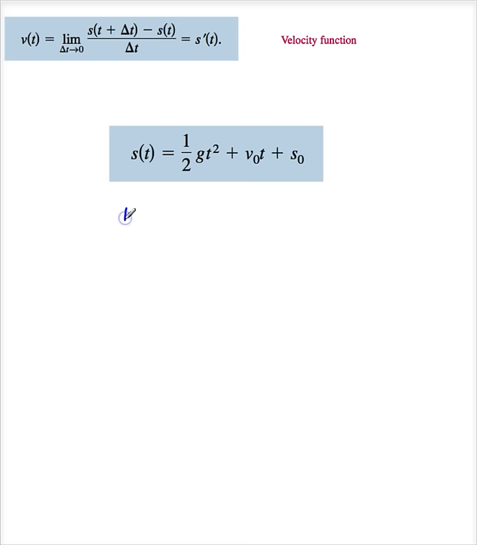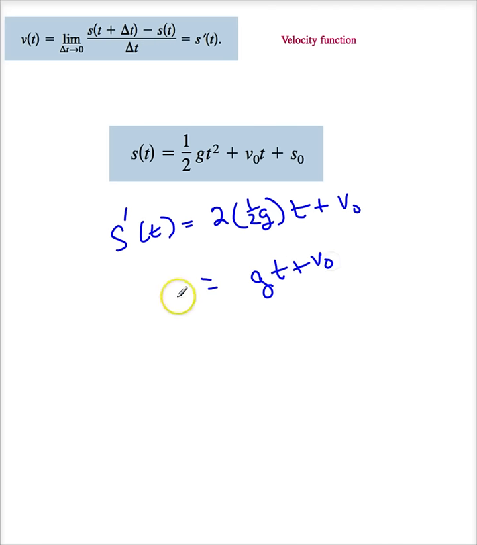So s prime of t is equal to 2 times 1/2 g t plus v naught. That last term goes away. So g t plus v naught is s prime of t. Now, you have probably seen the formula v is v naught plus g t. That's simply a way to rewrite this equation.